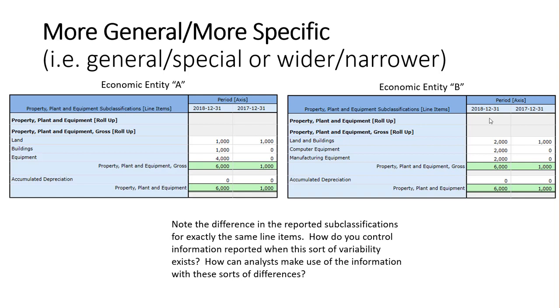Not completely different. The sub-classifications are different. If you look at the totals, property, plant, equipment, they're the same. Accumulated depreciation is the same, and the relationship between gross, accumulated depreciation and net property, plant, equipment are the same. But the line items, the sub-classifications, are different.